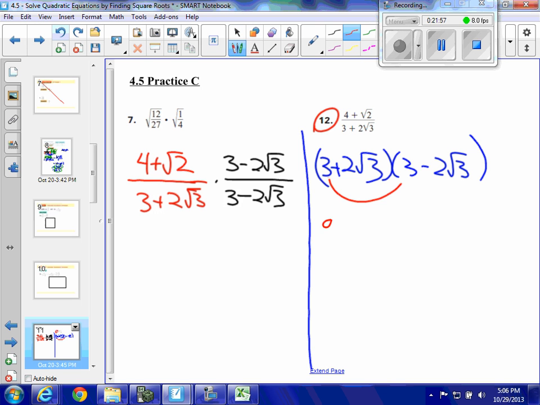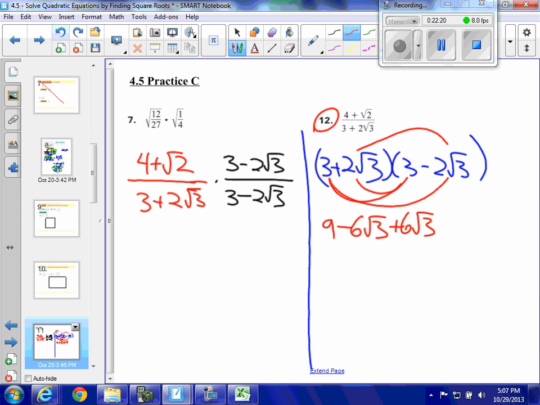First, 3 times 3 is 9. Outer, 3 times negative 2 radical 3 is negative 6 radical 3. Inner, 3 times 2 radical 3 is plus 6 radical 3. Are you noticing a pattern here?